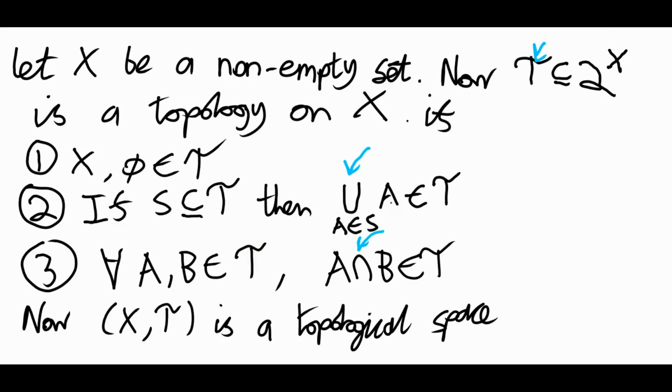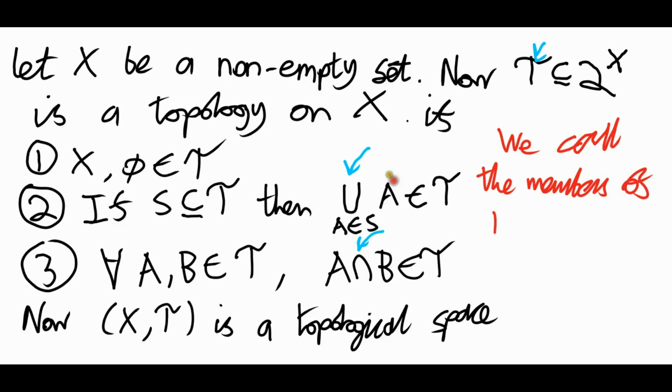And also, as a bit of shorthand, we call the members of tau open sets. So these are really important.